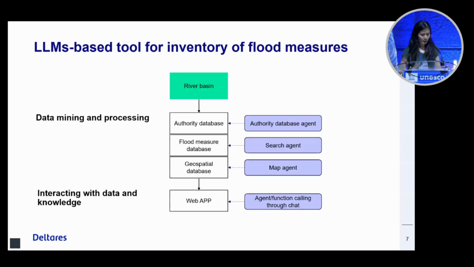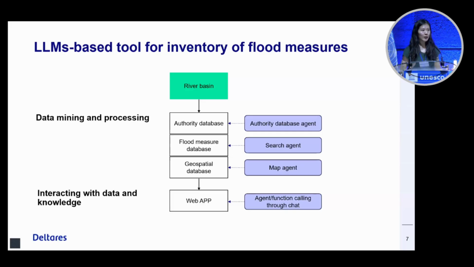In this project, we explore two parts where the language model can help. One part is that we use the language model to help us do data mining and processing. You can imagine we have tons of documents from the internet or websites.